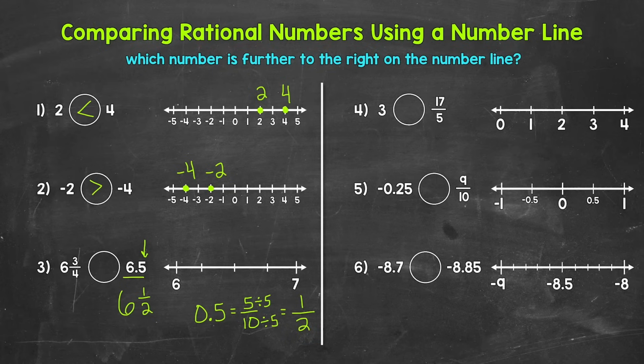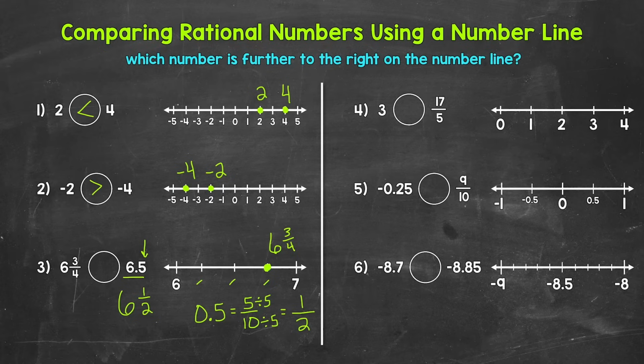Now, as far as the number line, both of these numbers are between 6 and 7. Let's start with 6 and 3/4. This is 6 and 1/4, 6 and 2/4, which is 6 and a half, and then 6 and 3/4. So 6 and 3/4 is right here.